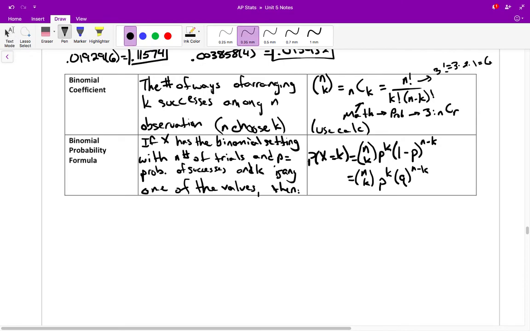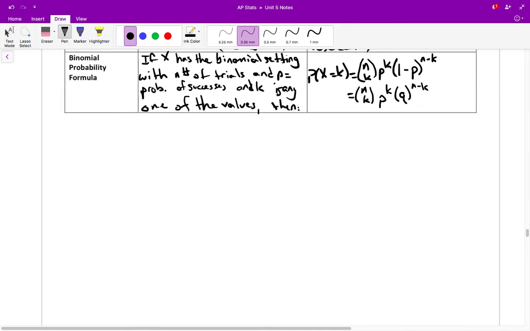Okay, so now here's how I want us to end today. I want us to go ahead and list out the probability distribution for x from our example from earlier. So here would be our probability distribution for x, which again, remember, was the number of 6s that were rolled in 4 trials.